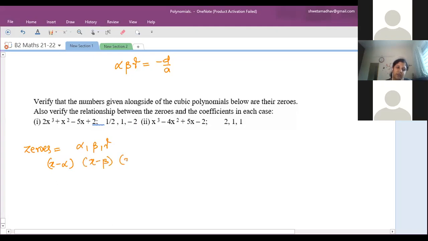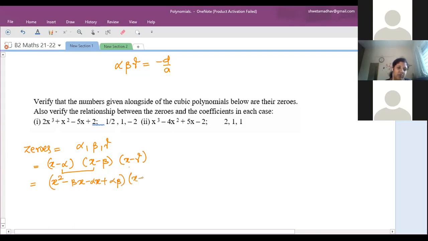These are the three factors. That means the product of these three is the polynomial. So what is the product of these three? First we will multiply these two and then we will multiply with this. So this is x square minus beta x minus alpha x plus alpha beta.